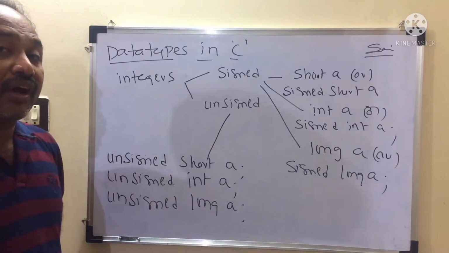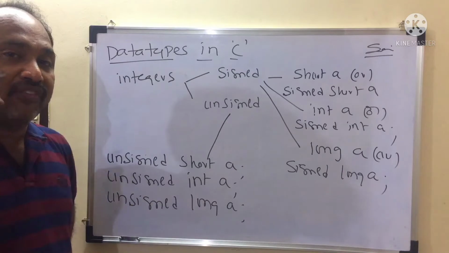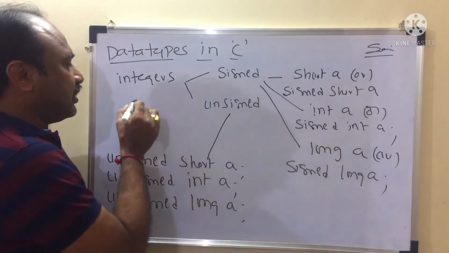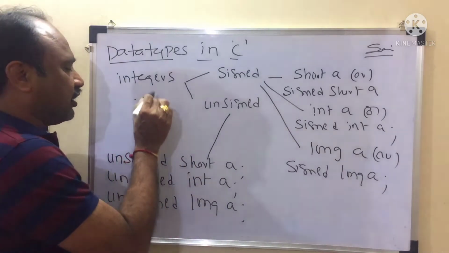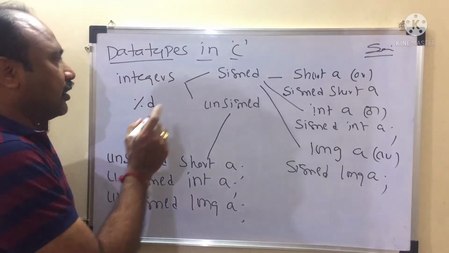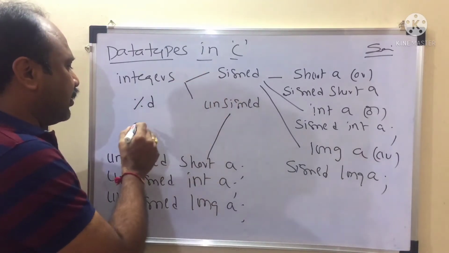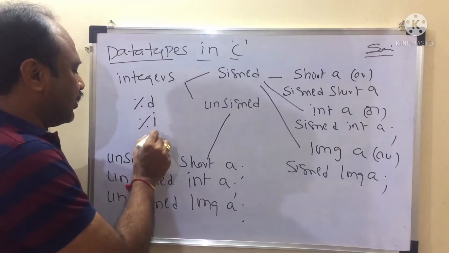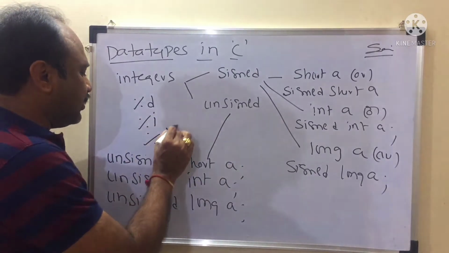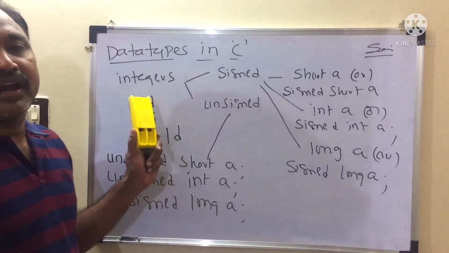In previous videos, while working with printf and scanf, I had explained that percent d is used to read integer. That is short integer, percent i integer, long integer percent ld. These are format specifiers.